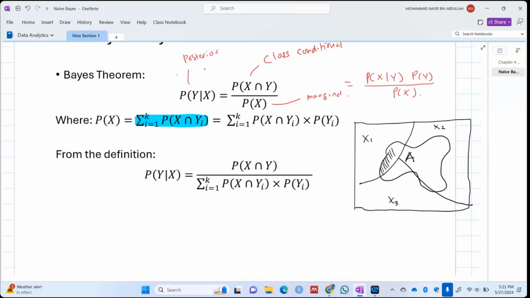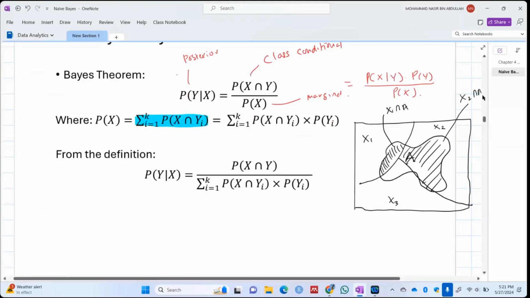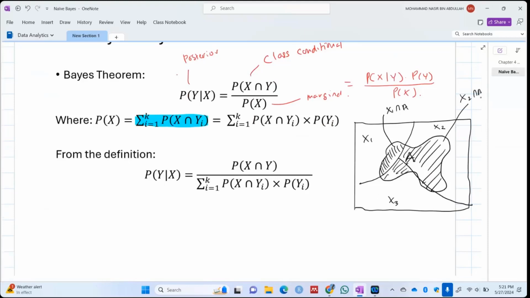Let's say we take this one, intersection X1 and A, and this one is intersection X2 and A, and this is also the intersection X3 and A. So if you add X1 intersect A plus X2 intersect A, and the last one X3 intersect A, you will get A. Right?